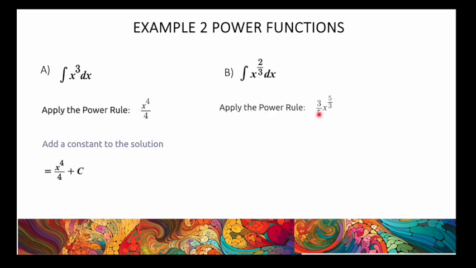When we divide by 5/3, instead of having two fractions or a complex fraction, we can flip and multiply, so we get 3/5 x to the 5/3. And then we add in our constant, so this will be our antiderivative.